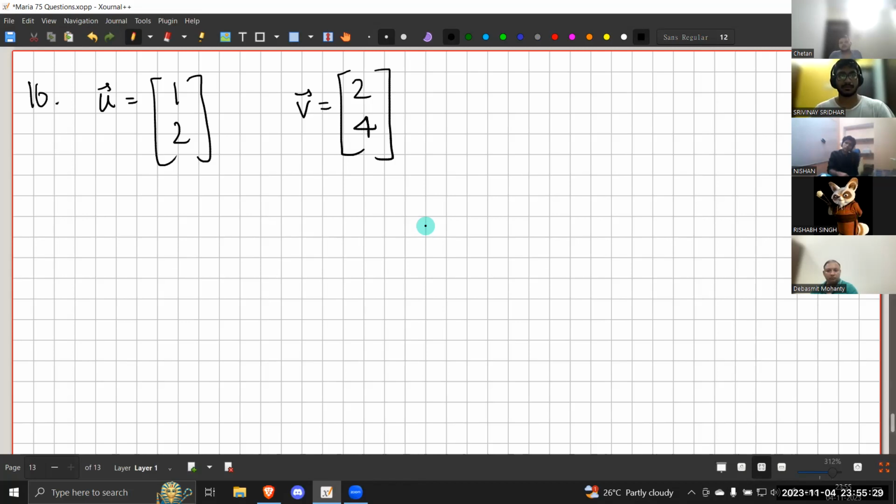Why did we not get R3 when we took 5 comma 0 comma 0? Is it true that when we take the linear combination of any two vectors in R3, we get a plane? Is that true?